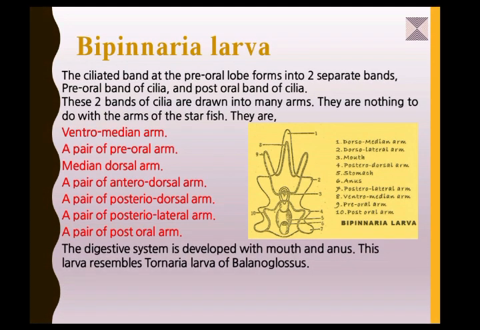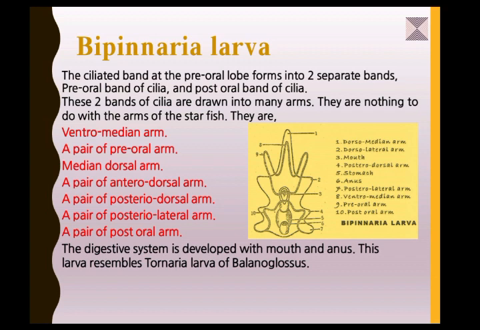So students, these are the arms, and the digestive system is completely developed with the mouth and the anus. Here the mouth is in the very center, and on the posterior end we have the anus.